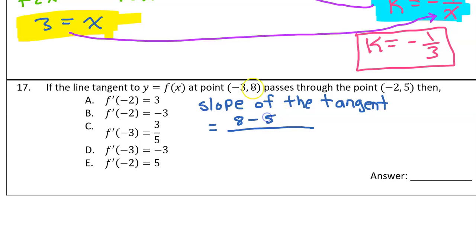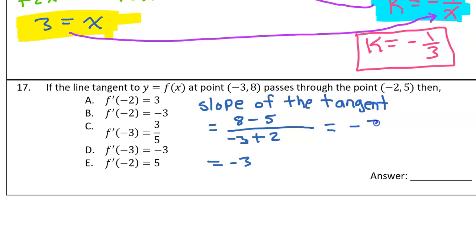Okay, let's call that y2 minus y1. And -3 minus -2. So that's -3 plus 2. So the slope of my tangent line is going to be 3 over -1. So that's -3. So this is the slope of the tangent line.